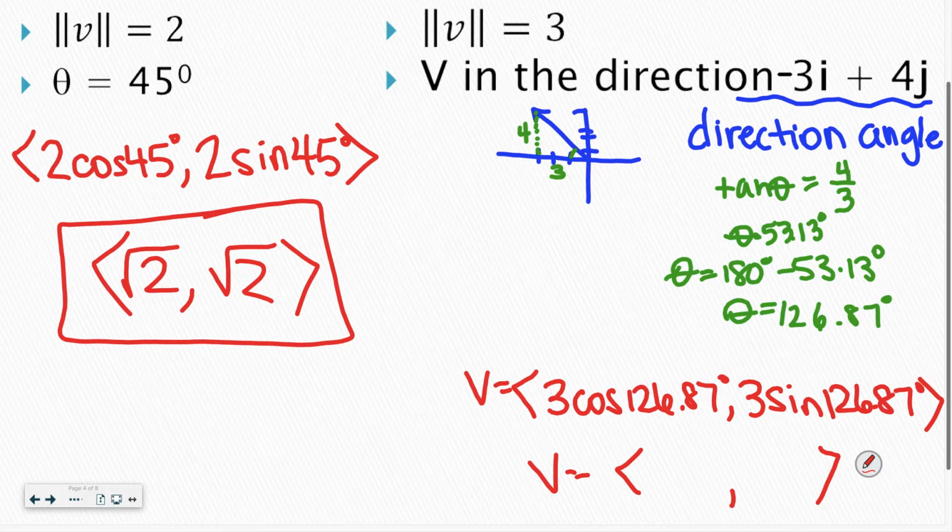Those of you who are punching into your calculator, what do we get for our horizontal component? Negative 1.8. And what about our vertical component? 2.40. Good.